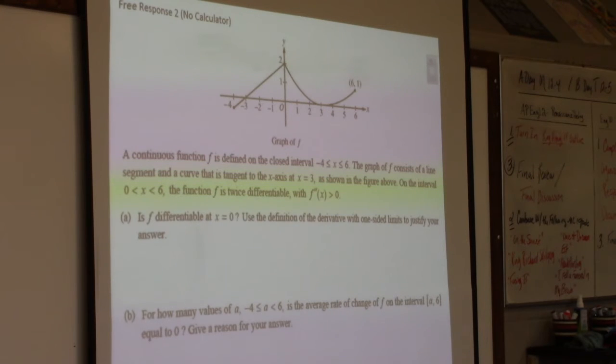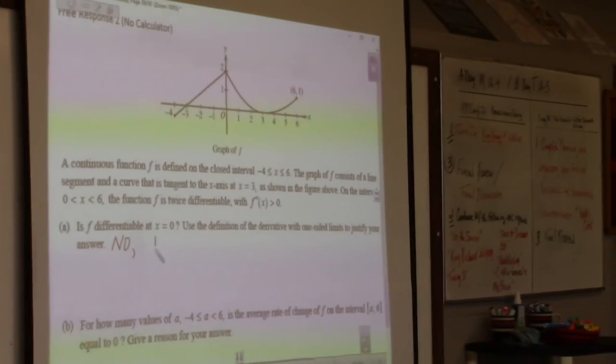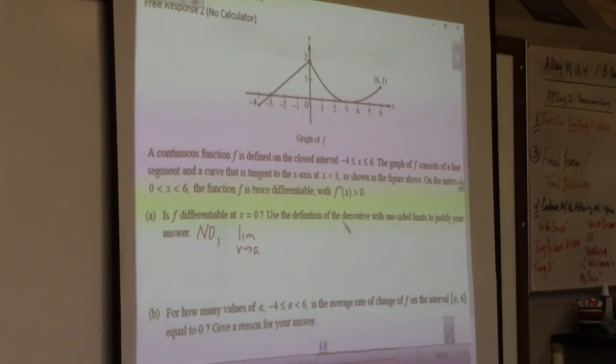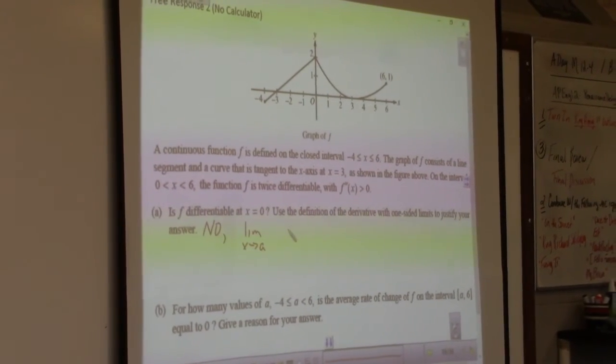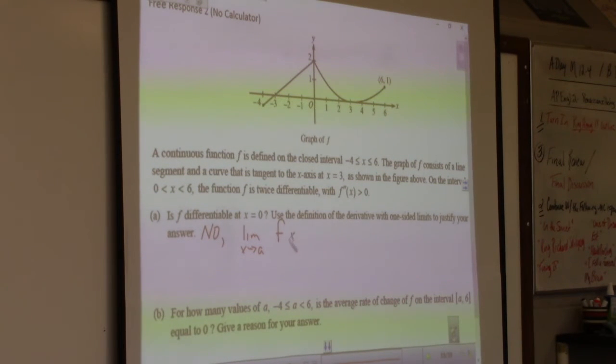Now, we know the answer is no, and using our limits, one-sided, we're going to do the limit as x approaches a, definition of the derivative. I'm using the second one, and that's going to be f of x minus f of a all over x minus a. You can use the other one. This one's a little easier to use.